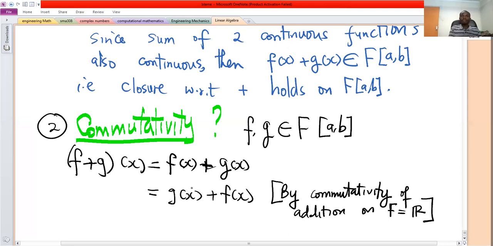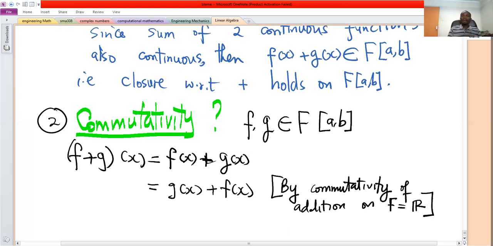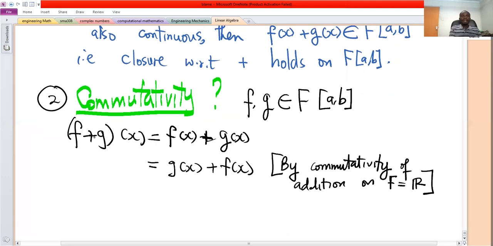So that's why we are able to change f of x plus g of x to g of x plus f of x. And then if f plus g of x was f of x plus g of x, then to get these results here, we must have had f plus g and then of x. And don't forget that this is f plus g of x.